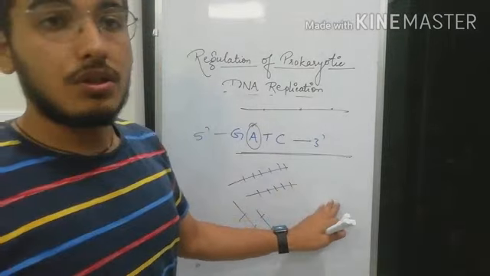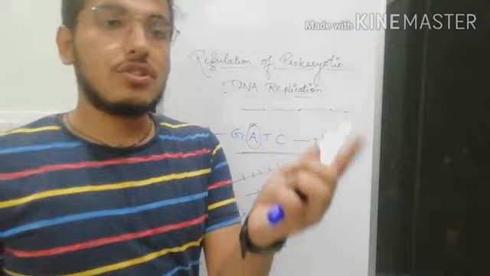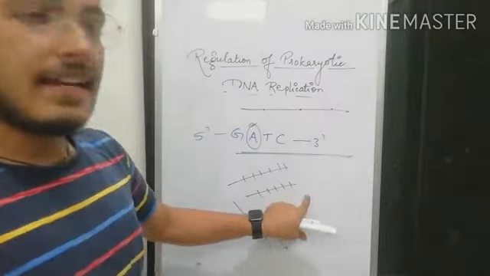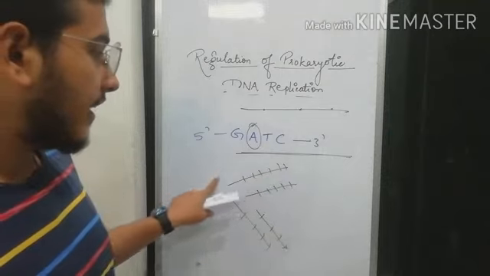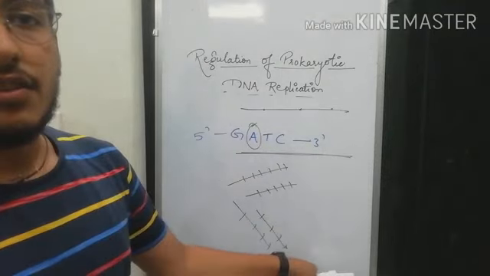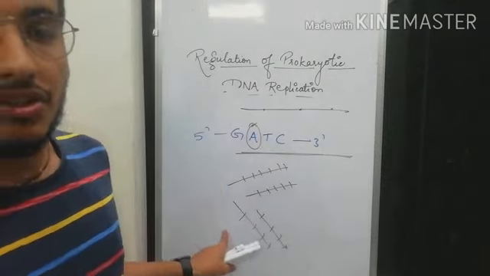To ensure that replication occurs once in one cell division cycle in prokaryotes, this should be methylated. So methylated DNA does not undergo replication.